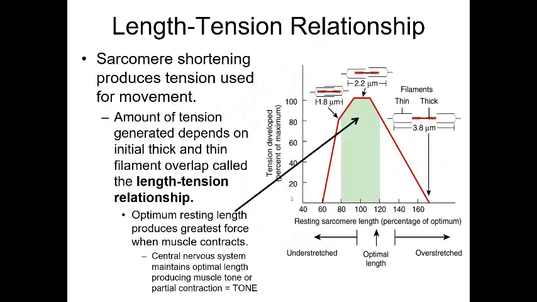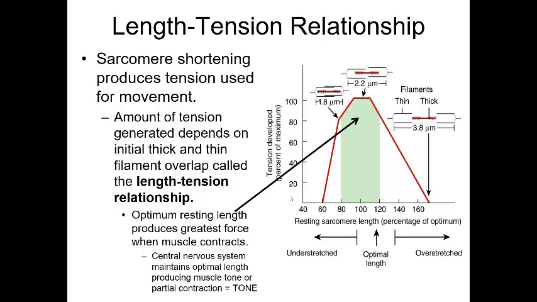The next concept that we're going to go over is the length-tension relationship. So what is tension? The amount of tension depends on what the resting length of the sarcomere is. So optimum resting length is what produces the greatest force when the muscle contracts.